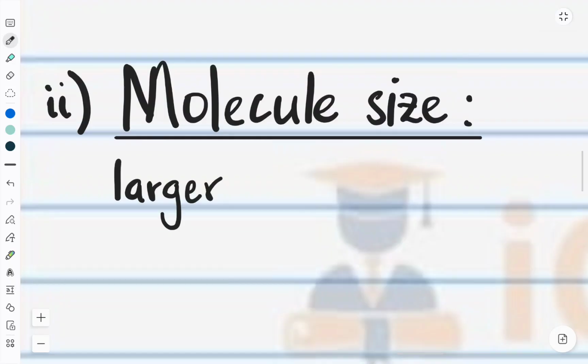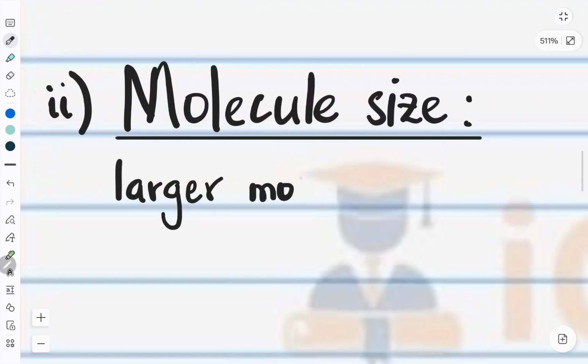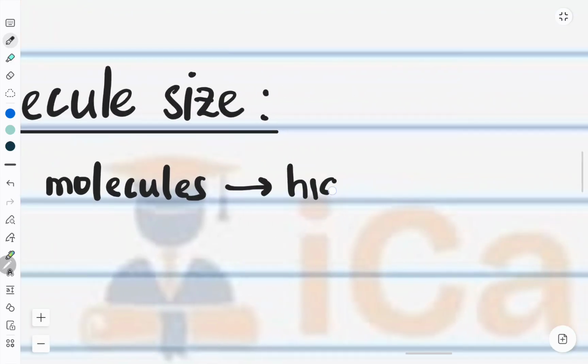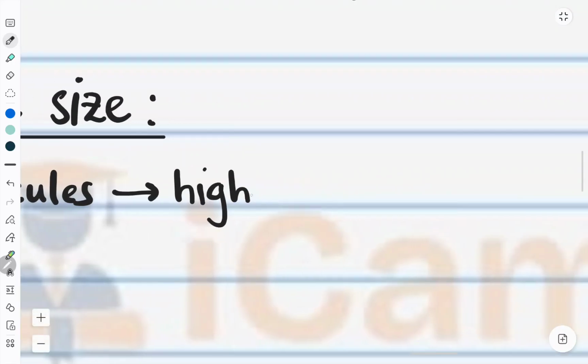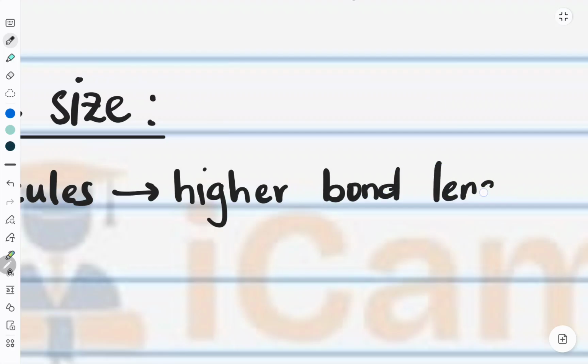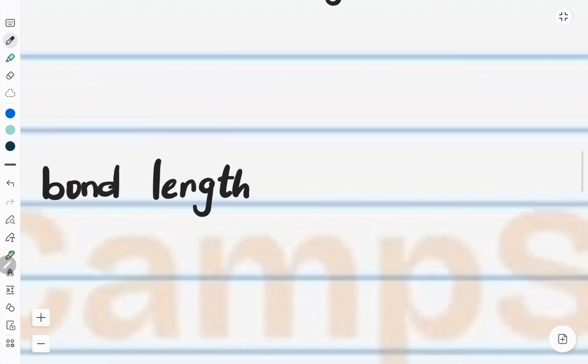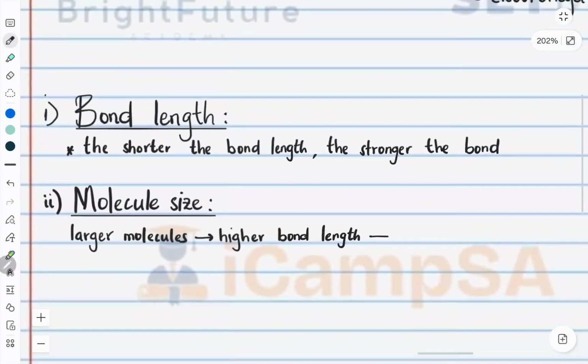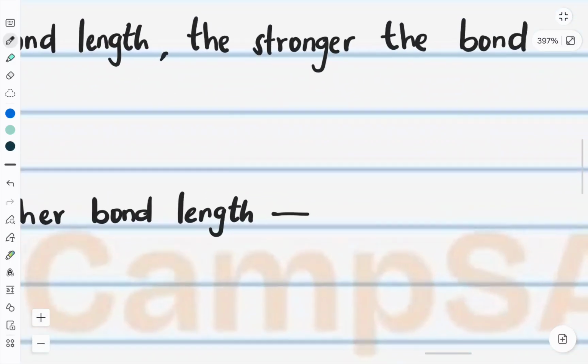So larger molecules tend to have higher bond length, and because they have a higher bond length, this will affect their bond strength, because remember, the longer the bond length, the lower the bond strength.